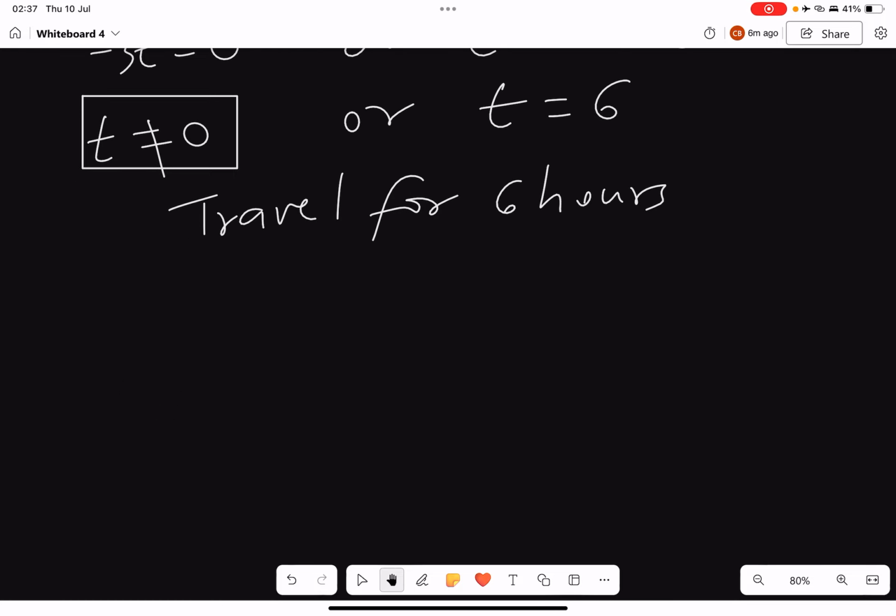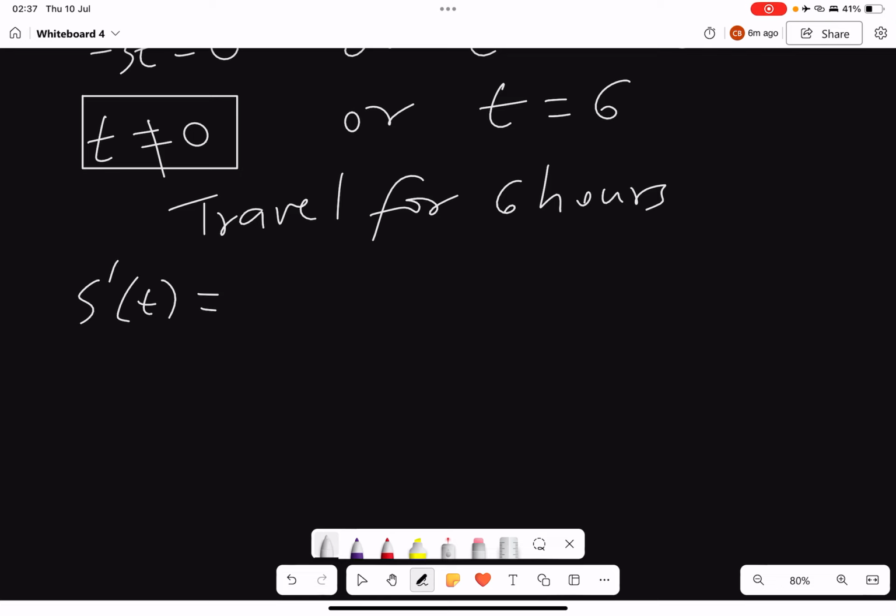To get the distance, we're going to do what I call the reverse. Remember, usually, because you can see that my speed is in this form, a t squared plus b t.